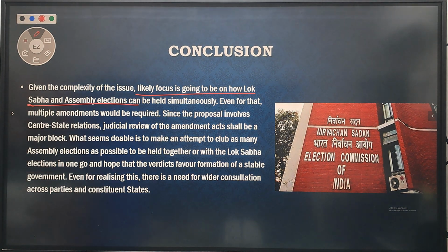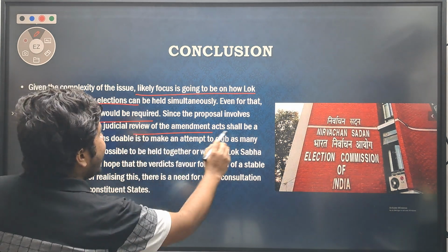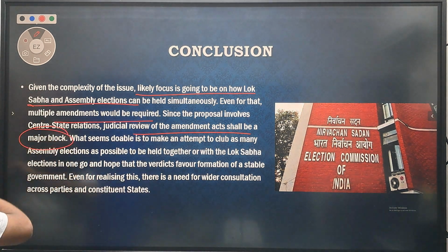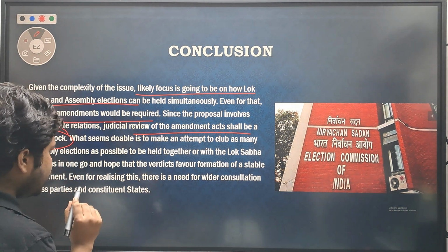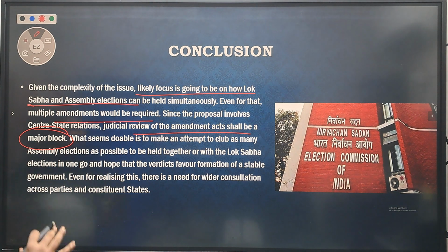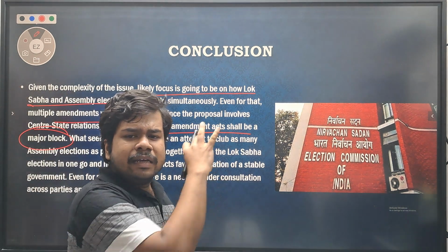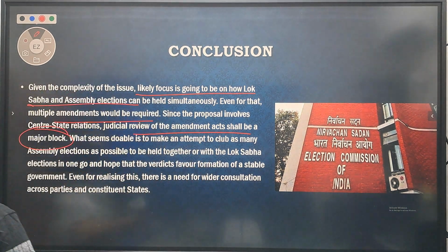Even for that, multiple amendments would be required. Since the proposal involves center-state relations, judicial review of the amendment acts shall be a major block. So, the judiciary is another stakeholder at this point of time.